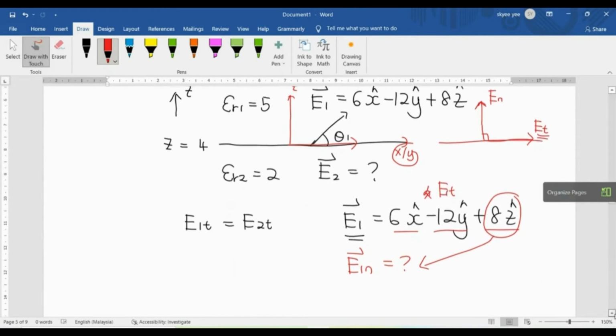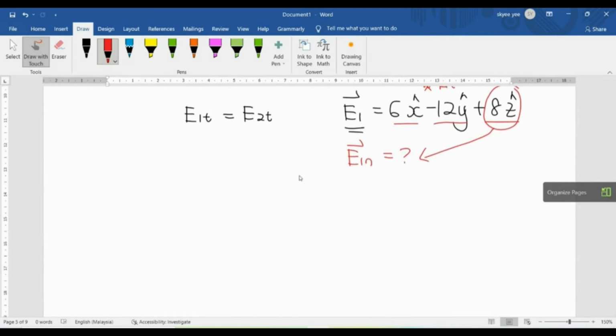If you find it very hard to imagine, please try to recall last semester how you defined this vector quantity. 6x means from the origin it moved 6 units in the x direction, and negative 12 units in the y direction. After that, you move up 8 units in the z direction.